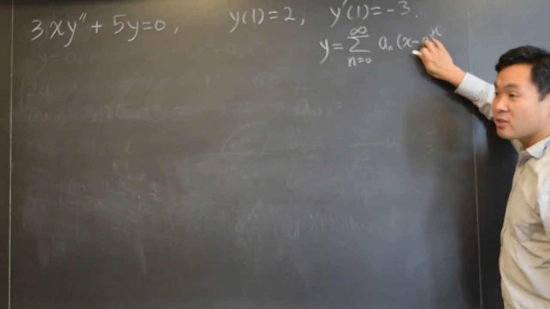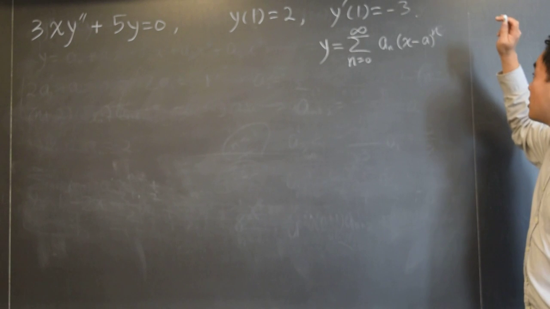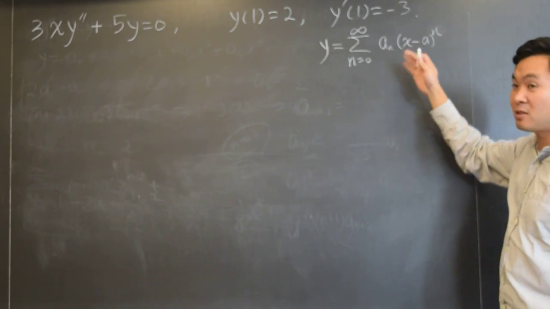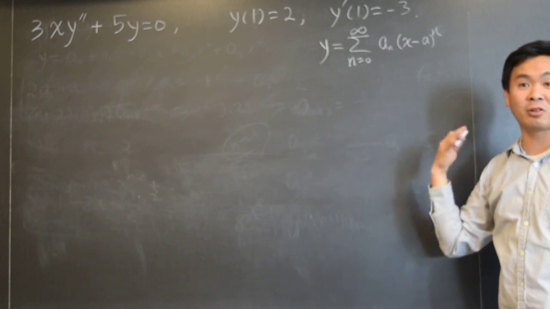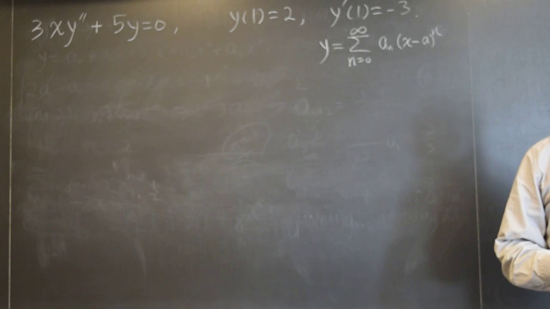So if a is 0, then it's just a regular power series, a_n x to the n, right? But if you have a as something other than 0, then it's a power series centered at some other point. Now, why would you want to do that?